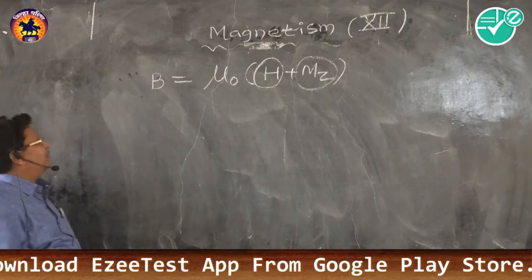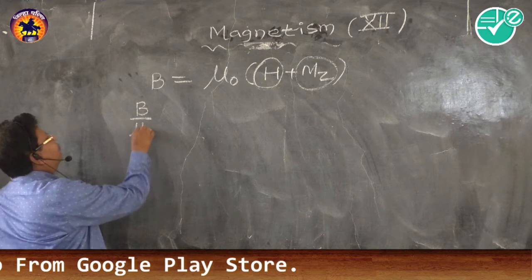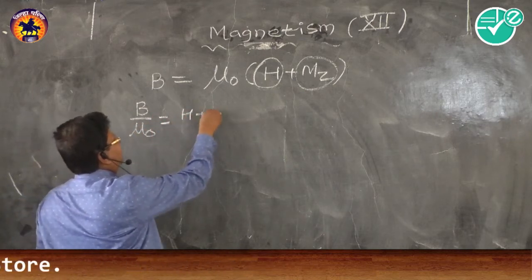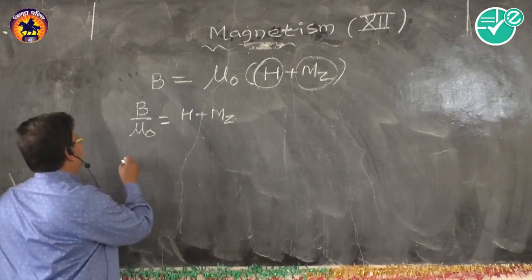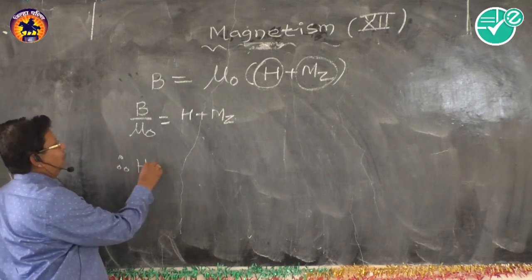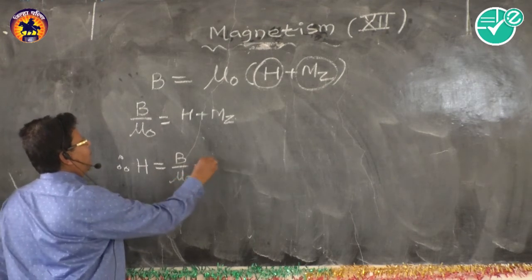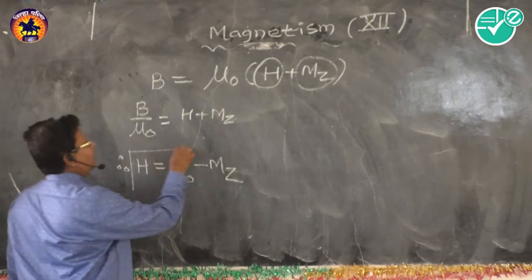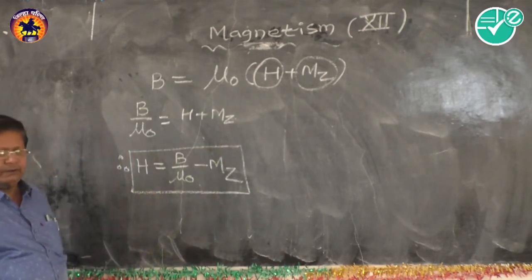So from this equation we write B divided by mu 0 is equal to H plus Mz or H plus I, and therefore we get H is equal to B upon mu 0 minus Mz. So this is another formula regarding the magnetic intensity.